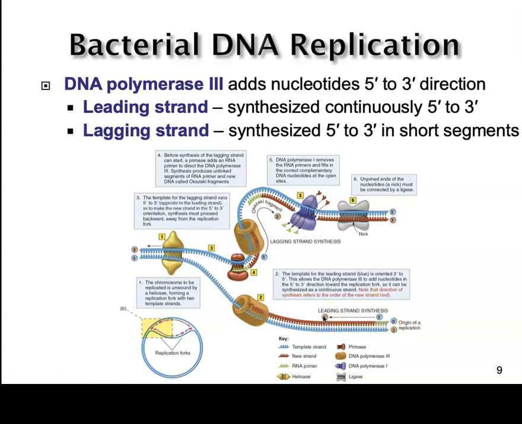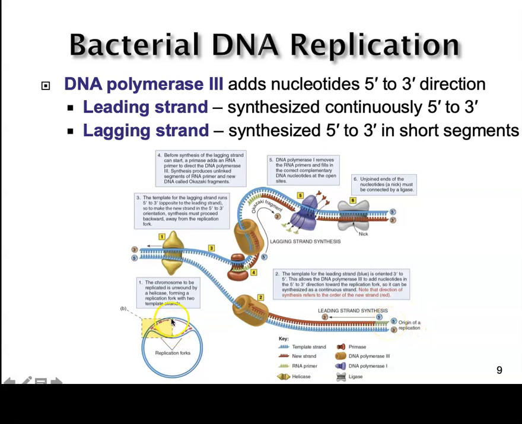Okay, so what has to happen is that before DNA polymerase 3 can start synthesizing the DNA, so for this whole replication synthesis to begin, before that can happen, we have to add a little bit of RNA primer, and you can see that in green here. So here's the ORI site, origin of replication.